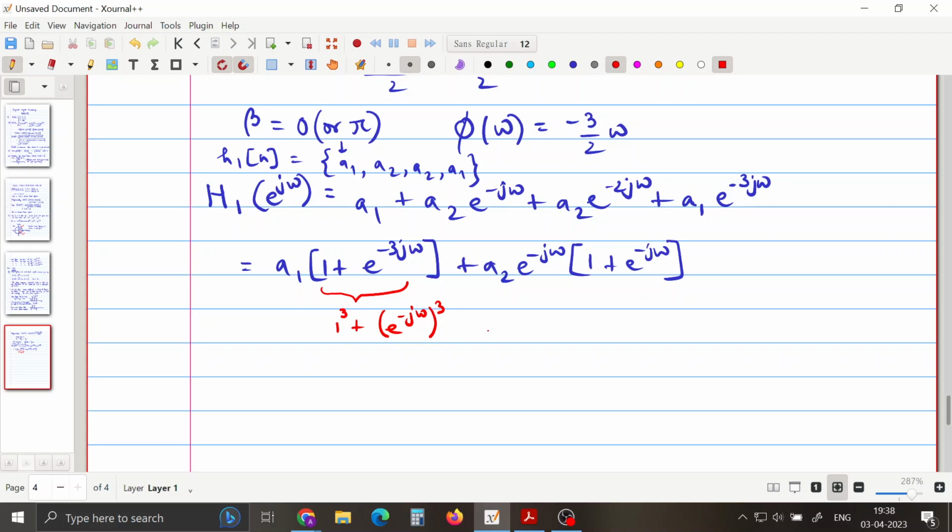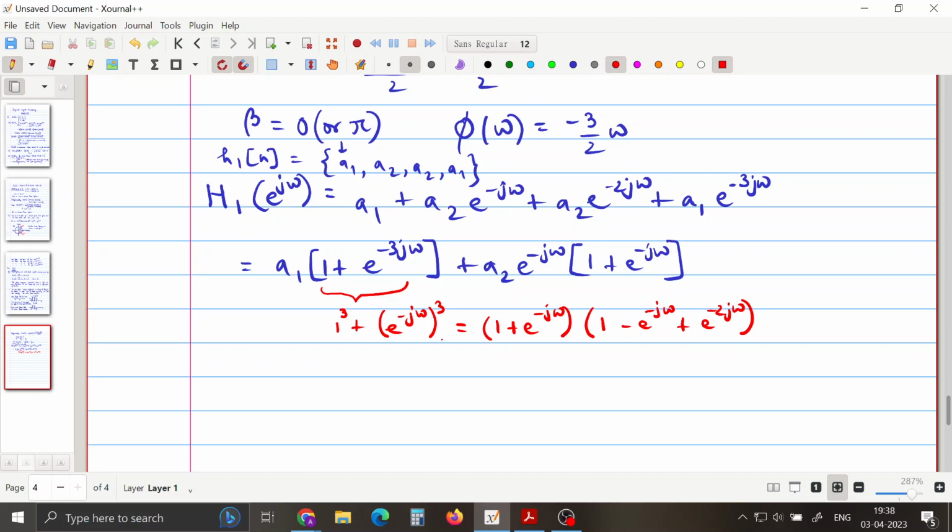And we know that a cube plus b cube is given by a plus b times a square, which is 1 square, minus ab, plus b square, which is e power minus 2j omega, right? Why am I using this a cube plus b cube formula?